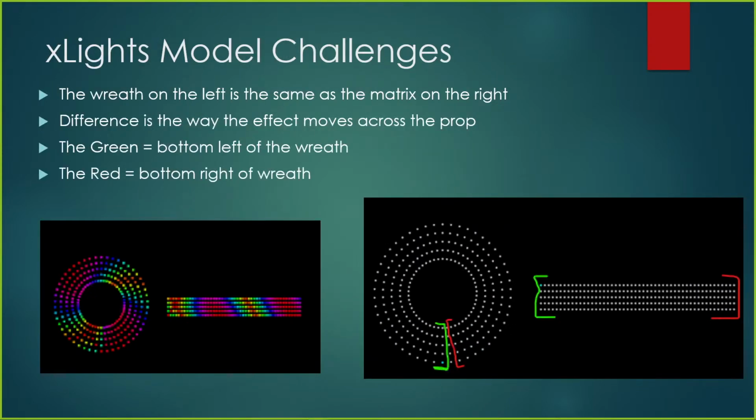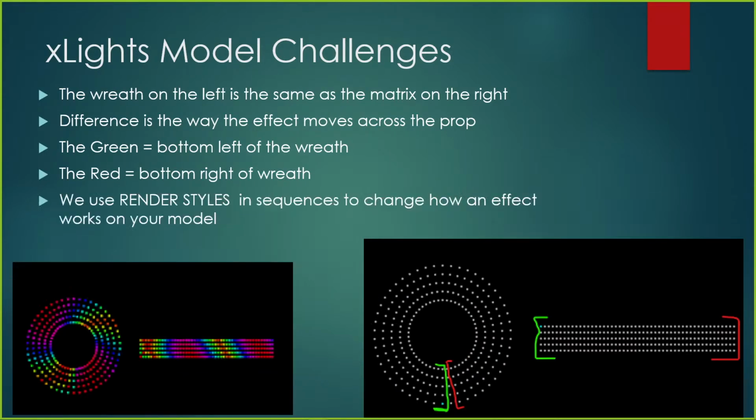So with that being said, keep in mind that it may not be the effect, it may be the model that's causing things to look a little differently. I can give an example of this later if somebody reminds me, the difference between a matrix and a megatree, how differently things can slightly look just because of their orientation.